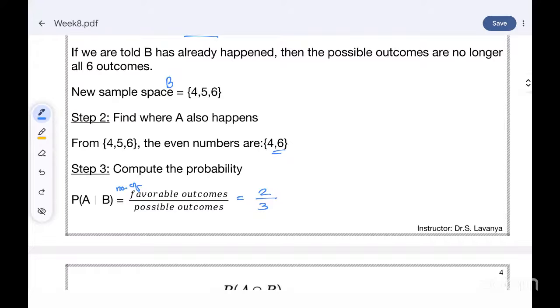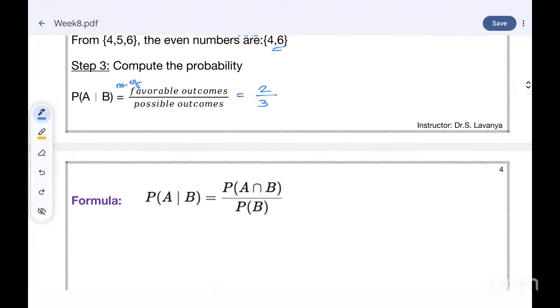This is your set B. And this is A intersection B. So the probability of A given B can be written as the probability of A intersection B by the probability of B.